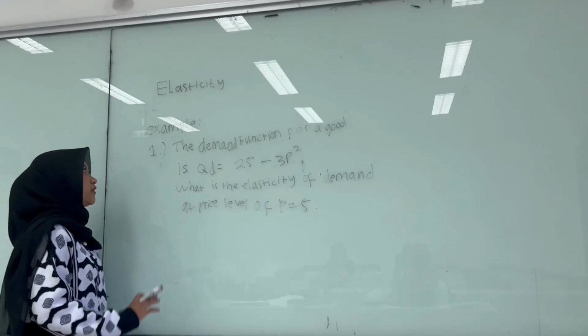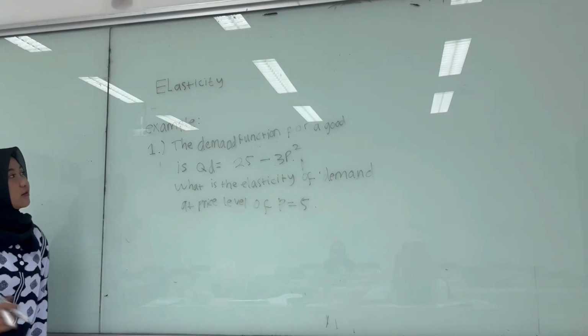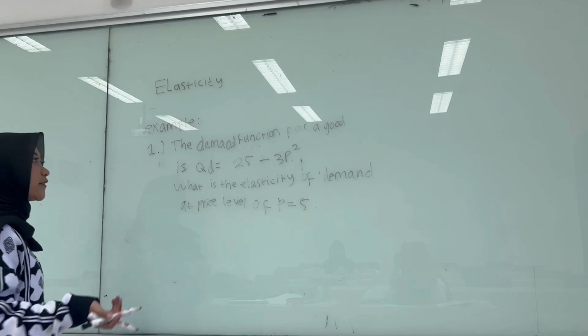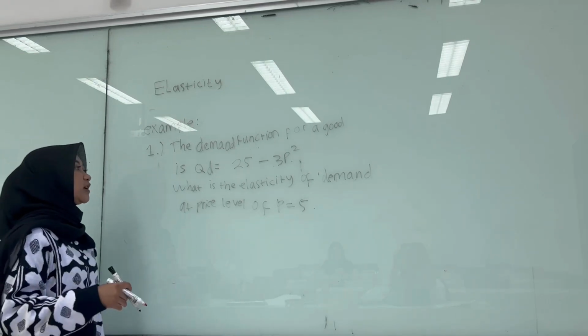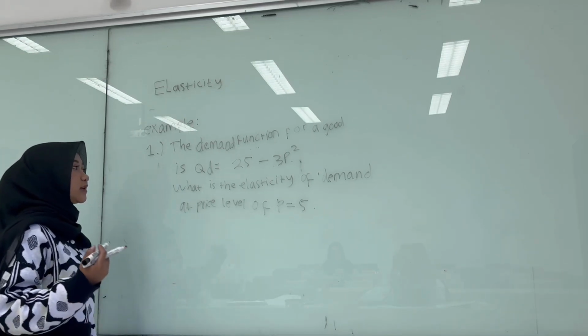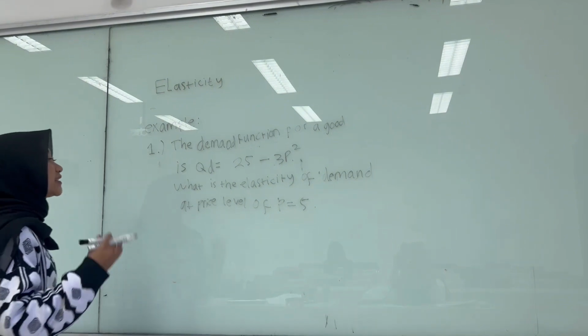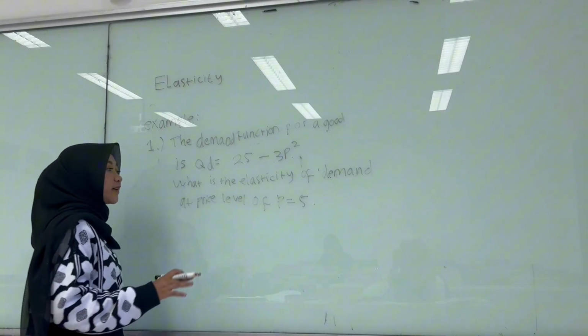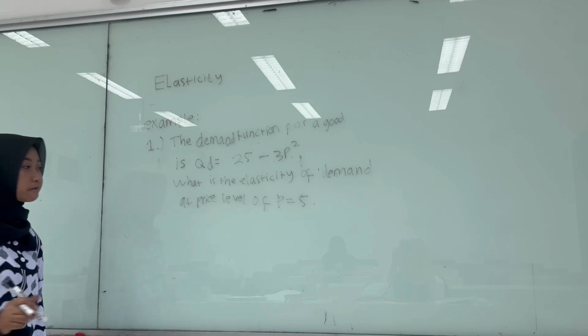Now we move to the example. The first question: the demand function for a good is QD equals 25 minus 3p². What is the elasticity of demand at a price level of p equal to 5?